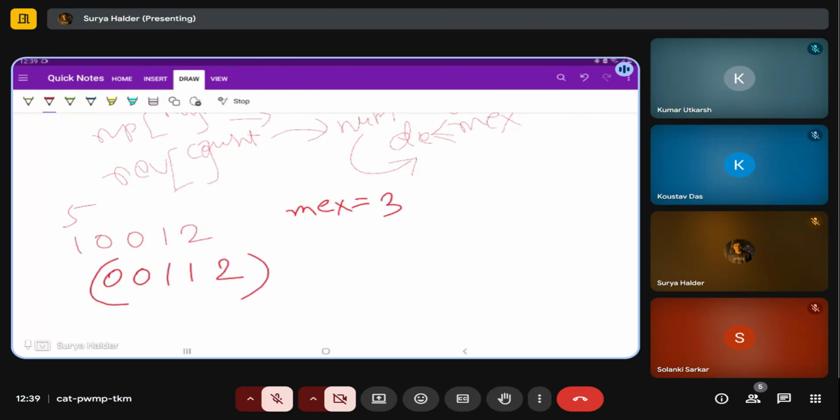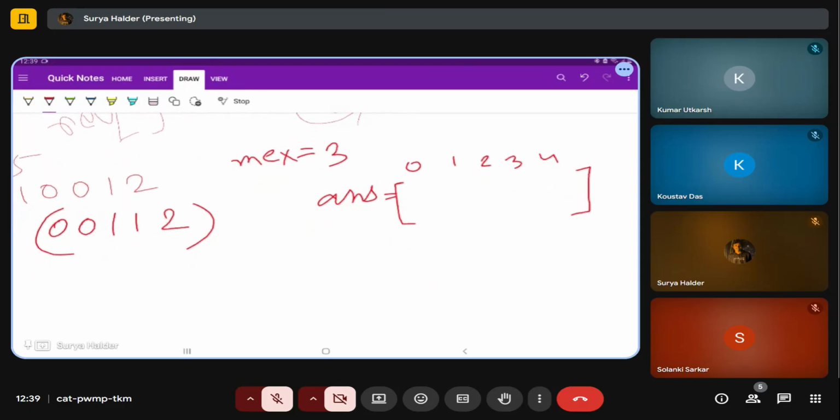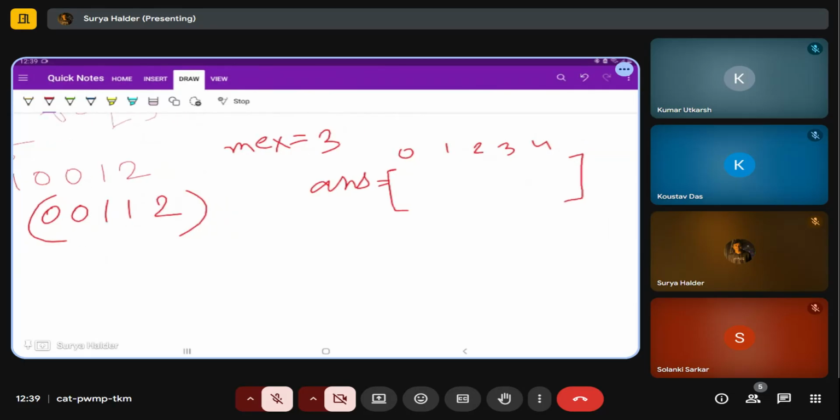So I will be considering this array, and my answer array is there till 5, so 0, 1, 2, 3, 4 up to n equal to 5. So for now, I will be going from the right to the left.